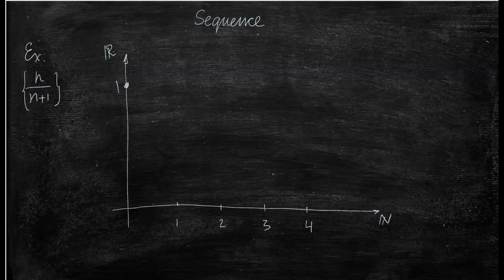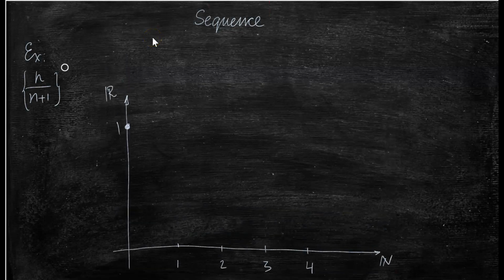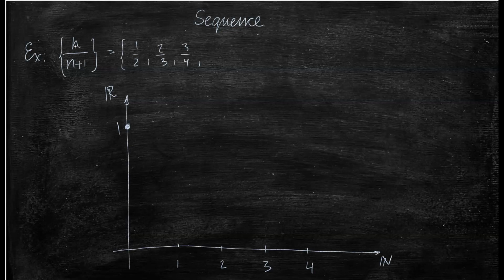in the following way. So when n is equal to 1, the term is 1/2. When n equals 2, the term is 2/3, then 3/4, 4/5, and so on. So at 1 we have 1/2.